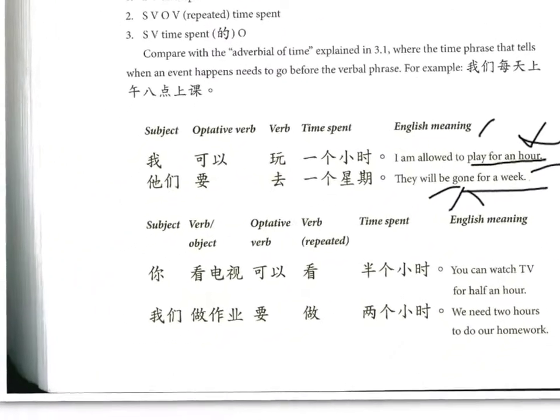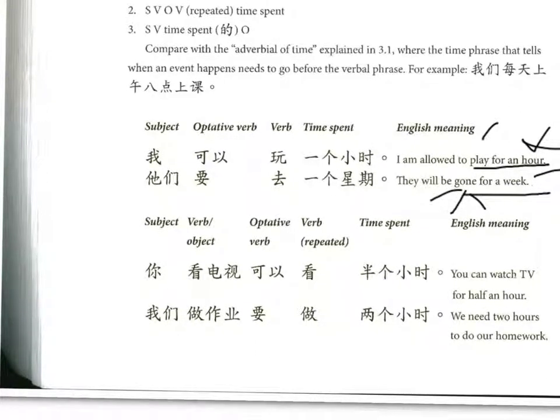It's not that different. So we can look here at this sentence, and we say 我可以玩1个小时. I am allowed to play for an hour. The verb is 玩, and then the time that they're allotted to do that verb is 1个小时, or 1 hour.